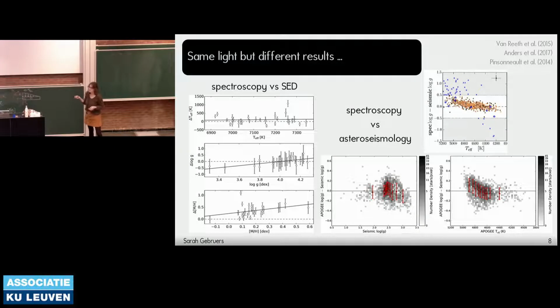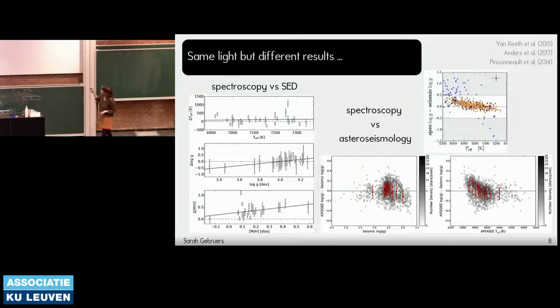Now, some last examples before I start boring you. In the left plot is a comparison between spectroscopic parameters and parameters determined from SED, so from photometry, and you can see that again there is a large discrepancy between the two.